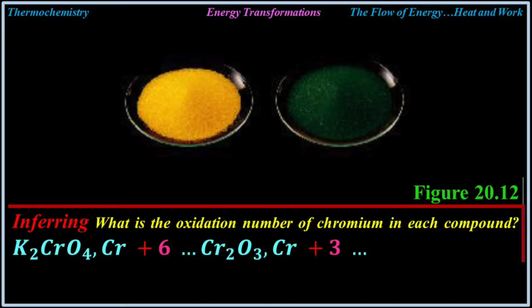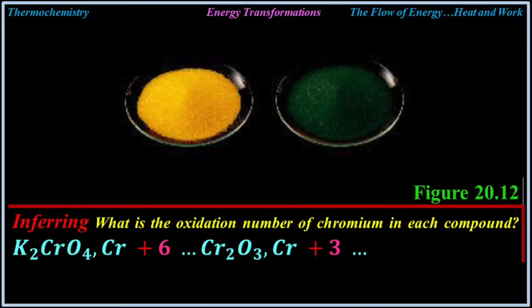We know that oxygen is 4 times -2, so that's -8. The negative side is -8, so the positive side has to be +8. The potassium is +2, so the chromium must be +6, because it has to be a neutral compound. So the potassium is +2, the chromium is +6, and the oxygen is -8. Positive has to equal negative.